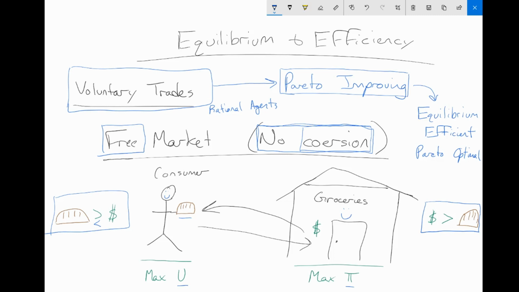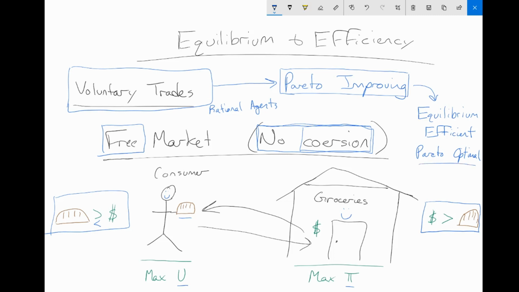If there were any trades that would make one agent better off without making another agent worse off, then those trades would take place. And at which point, the market wouldn't have been in an equilibrium until the trades take place, and then the market would enter an equilibrium. And again, that market would be Pareto optimal.